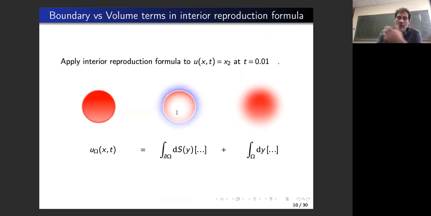Just to give you a little bit more intuition of what is going on in here, I'm going to apply this reproduction formula to this very boring solution to the heat equation. It's actually the steady state heat equation solution x2, meaning that it doesn't change with time, right? It's a harmonic function, so it solves the heat equation. So on the left is the purported result.